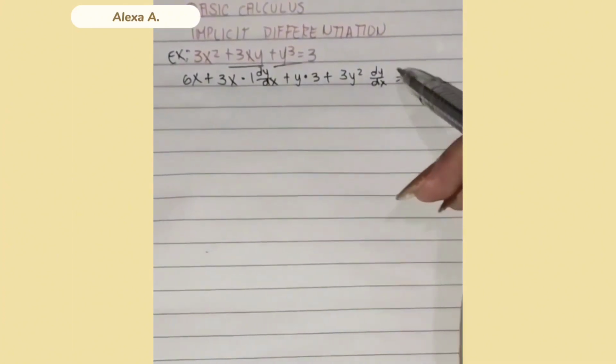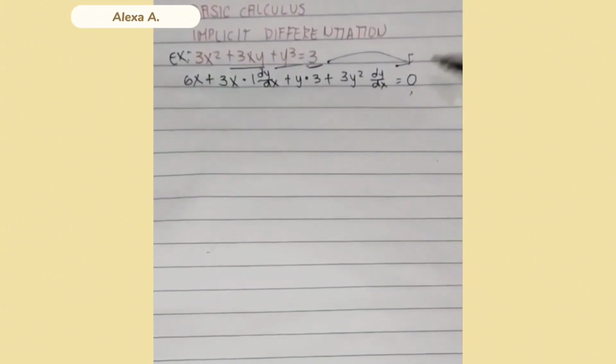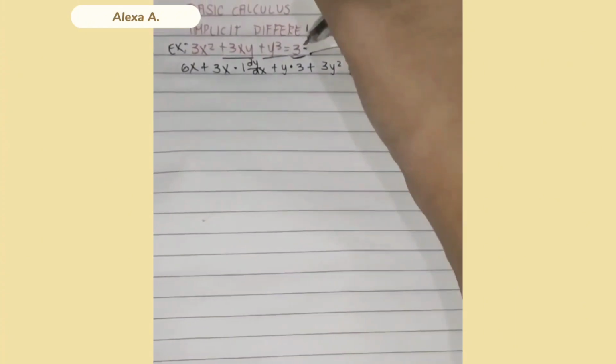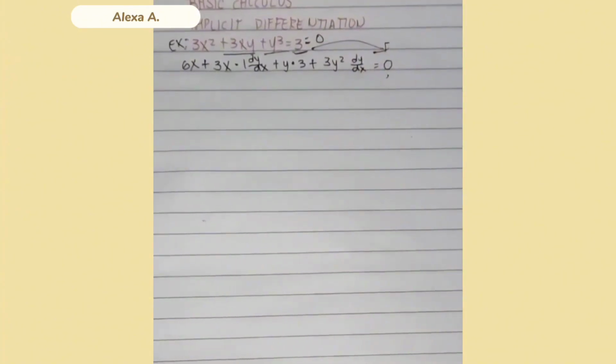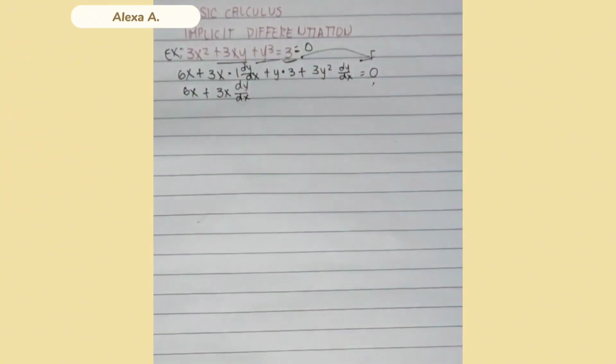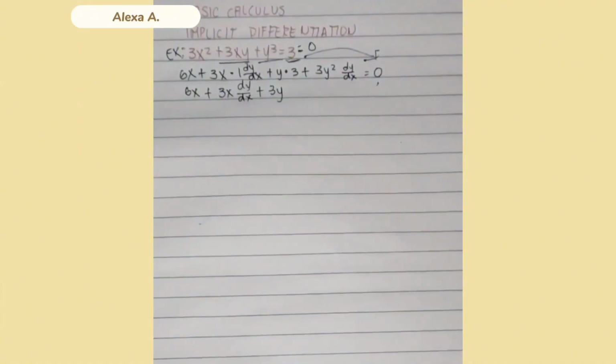If you're wondering why this thing became 0, because every time we encounter a constant, it is always equal to 0. Now let's simplify. 6x plus 3x times 1 is 3x dy over dx plus y multiplied by 3 is 3y, and 3y squared will stay 3y squared.